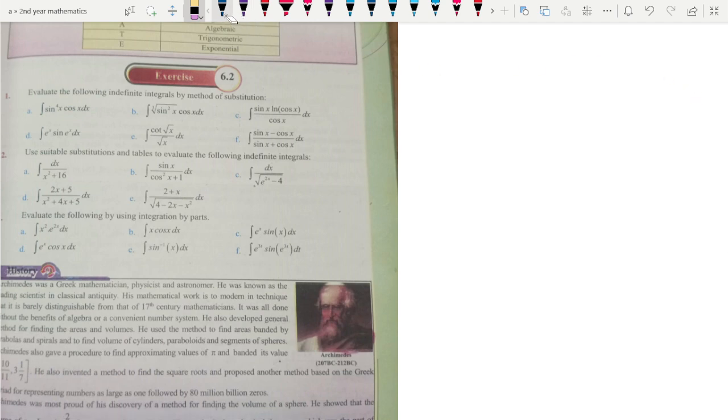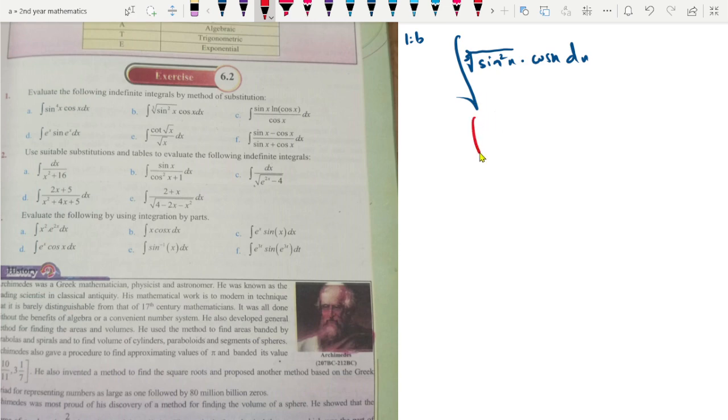Now we will discuss part B of question number 1: the integral of the cube root of sine square x cos of x dx. I can solve it like this.